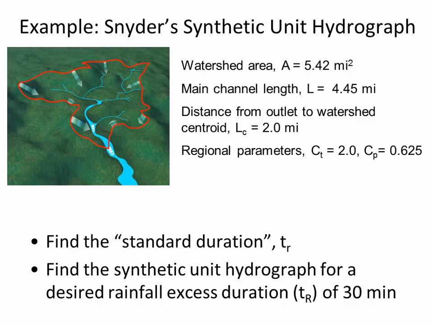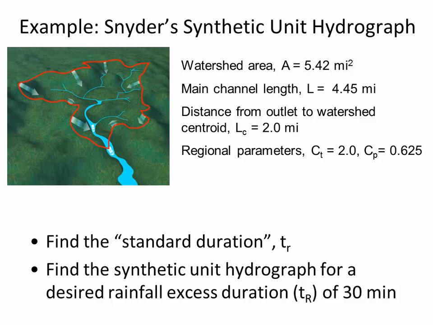And if you follow along on the handout, it says determine the time to peak T sub p, capital PR, in hours for the desired storm duration T sub r in hours. So in this problem, it says to find the synthetic hydrograph for a desired rainfall excess duration of 30 minutes. So our T sub r with capital R is 0.5 hours.